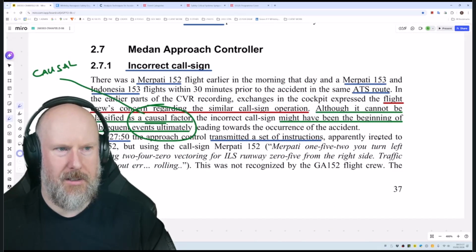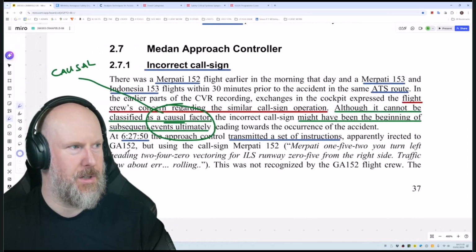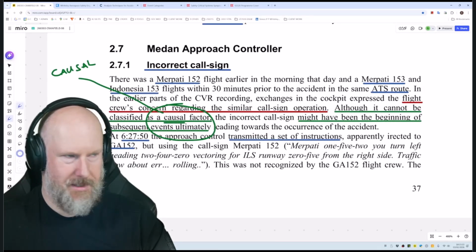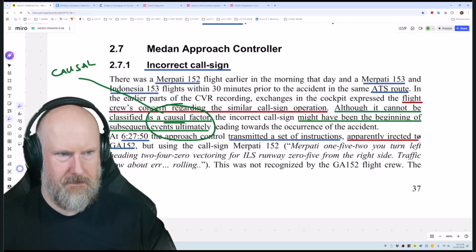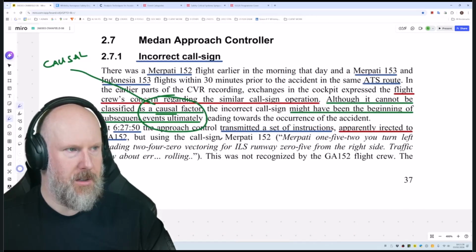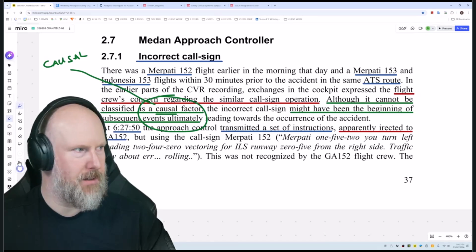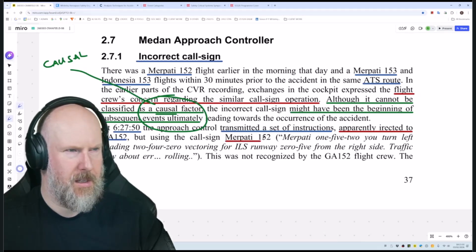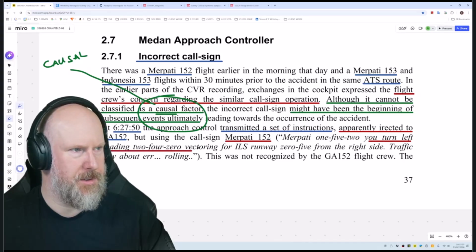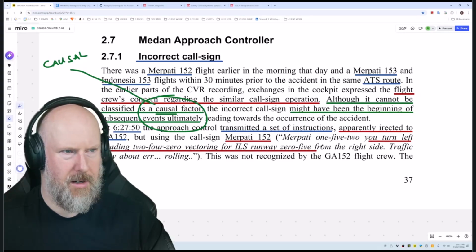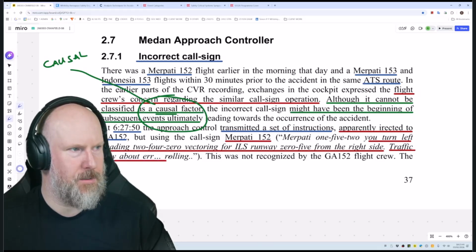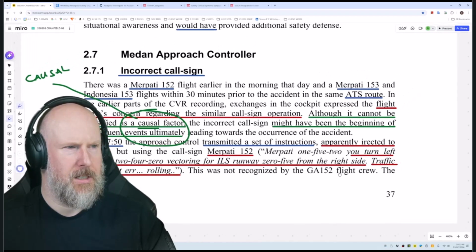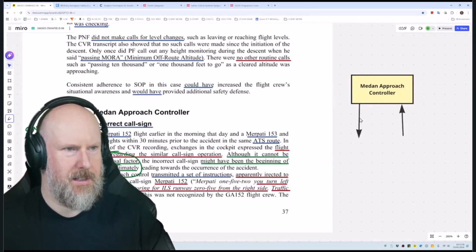Apparently directed, I'm presuming, to GA152, but using the call sign MERPATI152: "You turn left, heading 240, vectoring for ILS runway 05 from the right side. Traffic now about rolling."